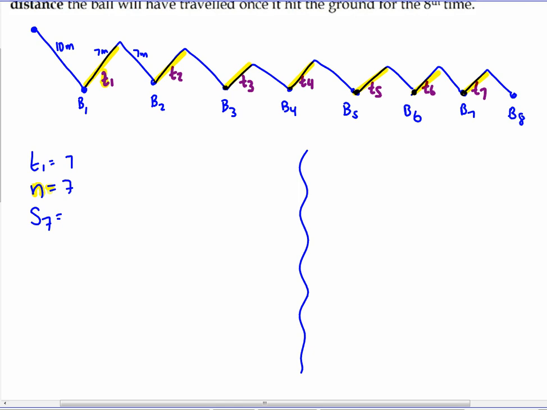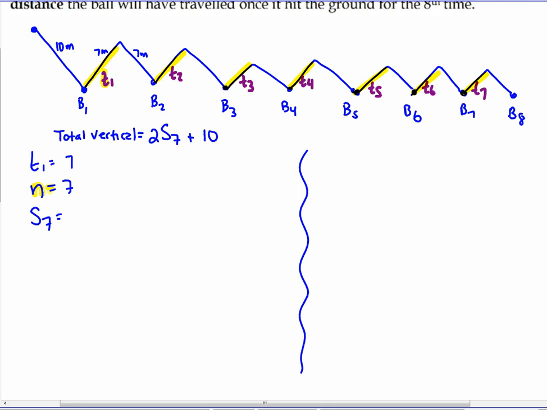So the total vertical distance would be 2 times S7, but would that be all the total vertical distance, or do we have to remember the 10? We didn't include the 10, so we need to add 10. So that's how we're going to get the total vertical distance.